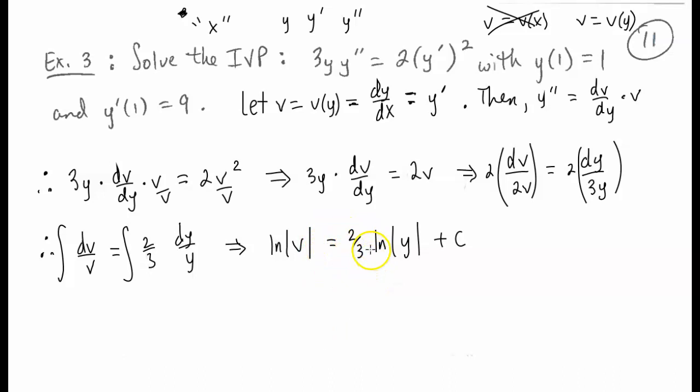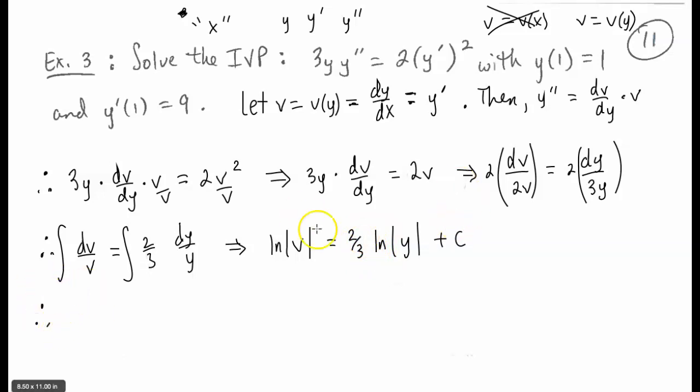That would probably make it a little bit easier, but I'll just keep it here and work with it. At this point, I want to make life as easy for myself so that I can solve for v. To do that, I want to try to get everything with the natural logs in it on the same side of the equation.